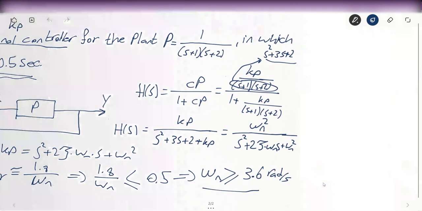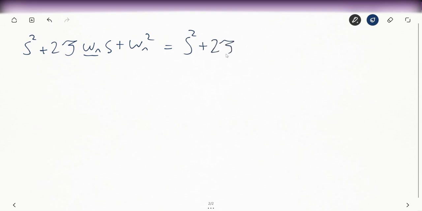Now let's go on and continue finding the other things in our characteristic equation. The characteristic equation is s squared plus 2 zeta omega n s plus omega n squared. We know omega n, which is the most important thing, so we will rewrite it as s squared plus 2 zeta times 3.6 times s, plus 3.6 squared.